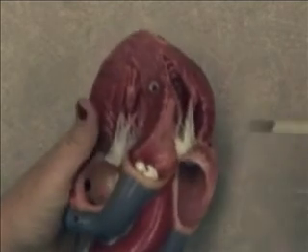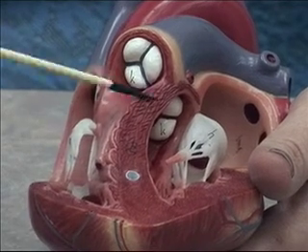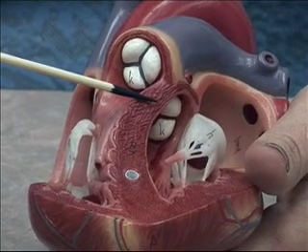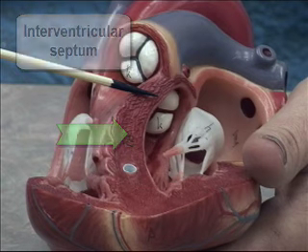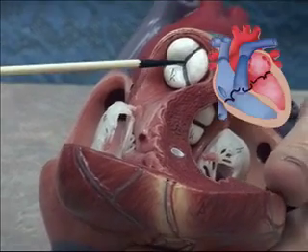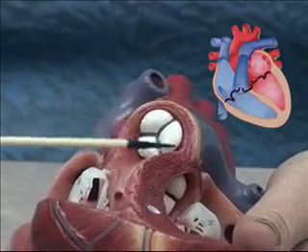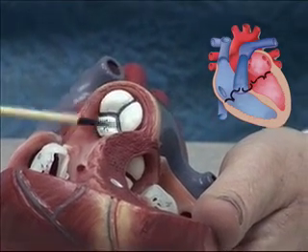There's a wall that separates the two ventricles. This is the interventricular septum. At the very top of the interventricular septum, you see another valve going into the pulmonary trunk. This is the pulmonary semilunar valve.